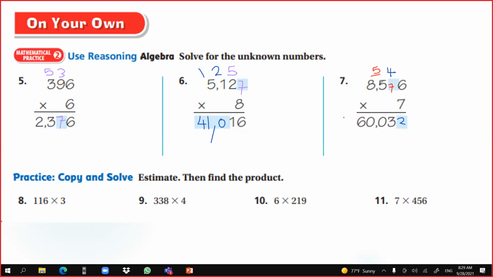Then yes, Hunada, 7 times 5 plus 5, 40. So 4 up and 0 down. Then 7 times 8 plus 4. Thank you, Hunada. So the final answer here is 60,032.